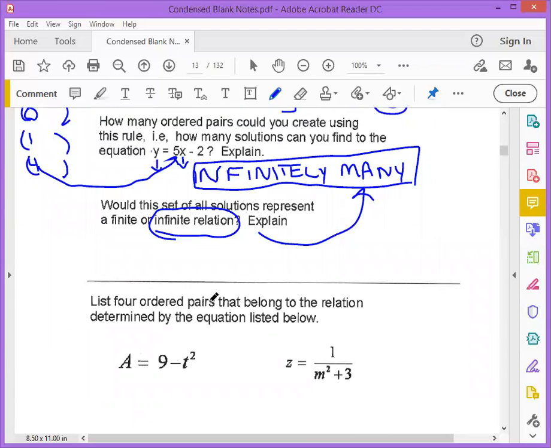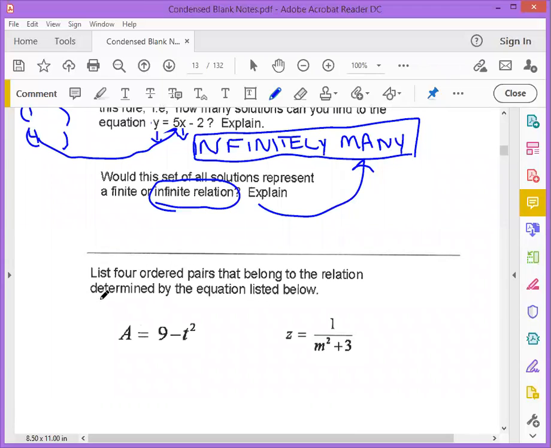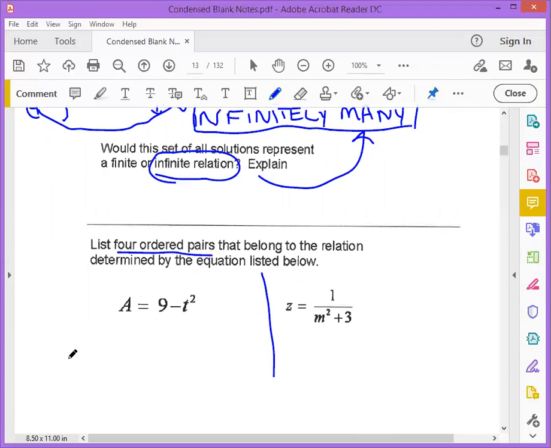List 4 ordered pairs that belong to the relation determined by the equation below. So we're given some equations and we just want to find 4 ordered pairs. So we can create a table for ourselves using the variables as given. In the first equation, we have variables t and a. So let's create a table just like we would if we were creating a table for x and y coordinates, right?